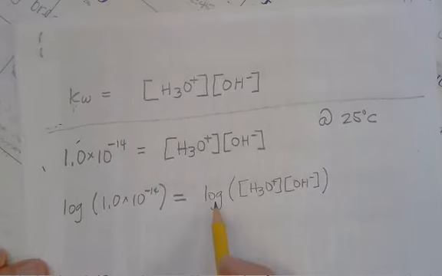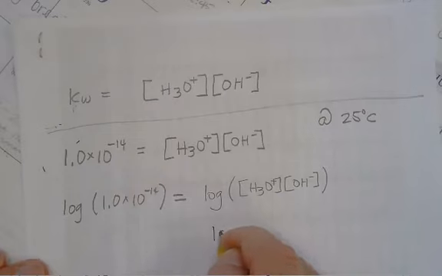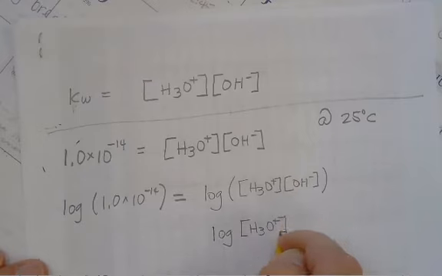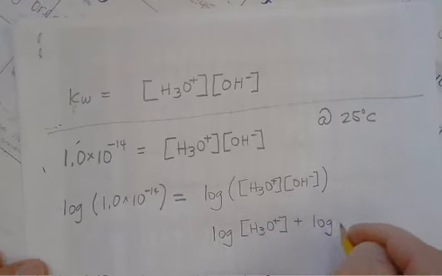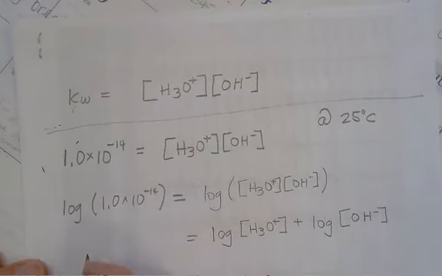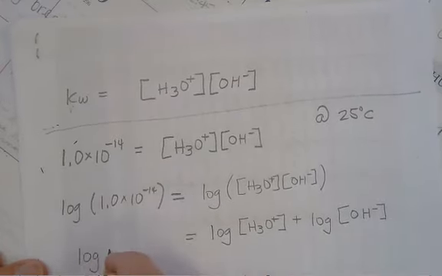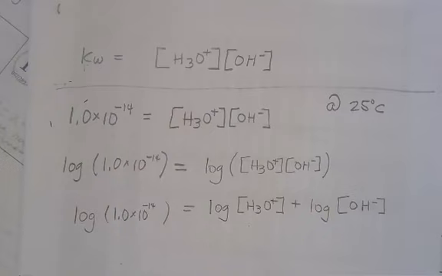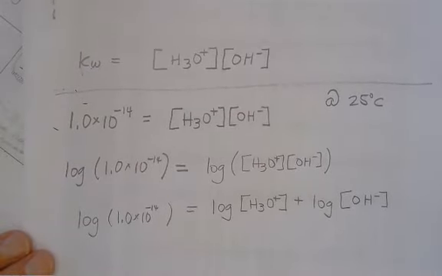Well, one of the rules of logs is the log of something multiplied by another thing is the same as the log of the first thing plus the log of the second thing. So that comes from the rule of logs. Now let's do one more step. Let me take the negative of everything. Let me multiply everything through by -1.